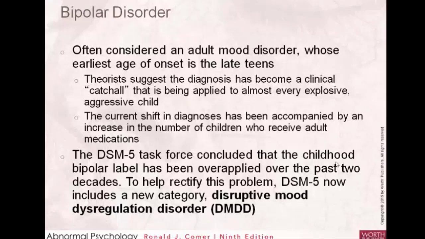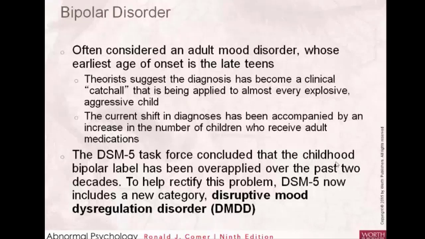Whenever you see a diagnosis increasing substantially, you ask yourself, okay, is it truly the case that more individuals are suffering than before? Or is it just that we're getting better at diagnosing, so we're catching some cases we would have missed? Or is there something else going on and we're mislabeling it?